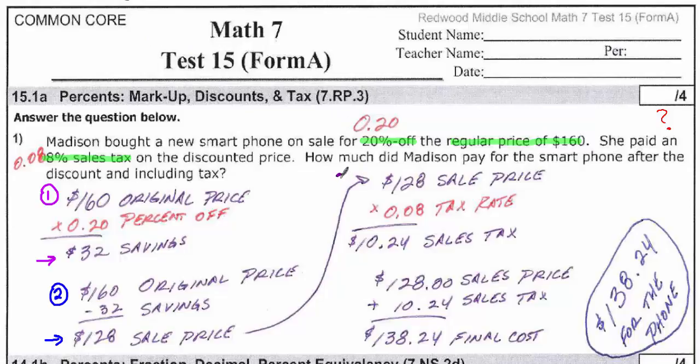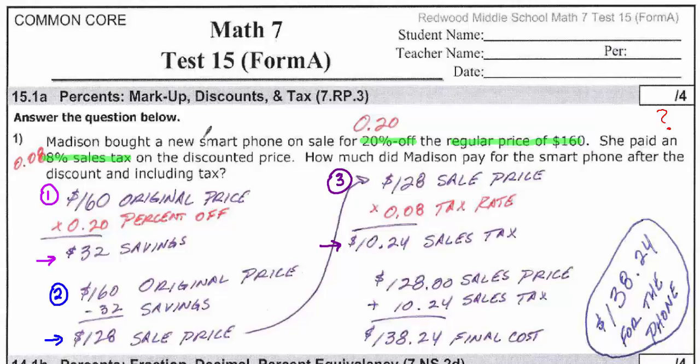We bring that sale price up for step 3, because in step 3, we get to the counter, we say, I have something for $128. The clerk says, oh, there's 8% tax, and we figure out what the tax is, $10.24.